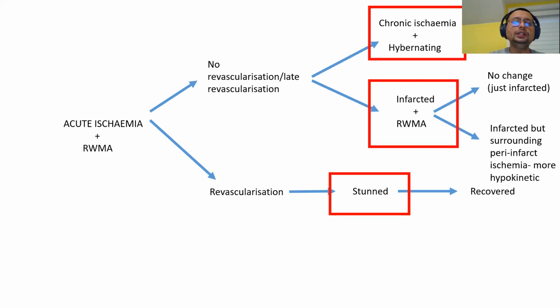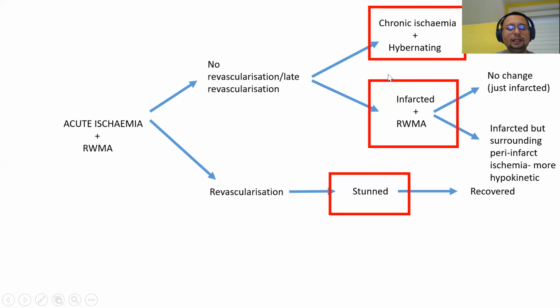Now, in this situation, you need to revascularize because if you do not revascularize, you might make the hypokinesia worse. Okay, so there are two situations. Either what you're looking at is just an infarcted wall in which the surrounding area is normal, therefore when you do dobutamine, there is no change. Or you're looking at the infarcted wall, but the surrounding wall is also at risk of having ischemia. So in that situation, there is a role for revascularization because you don't want it to get worse.